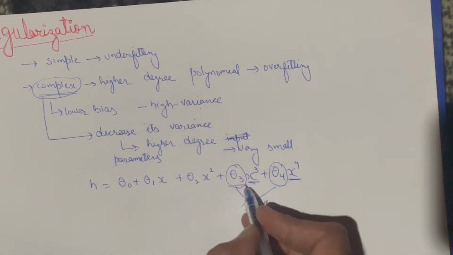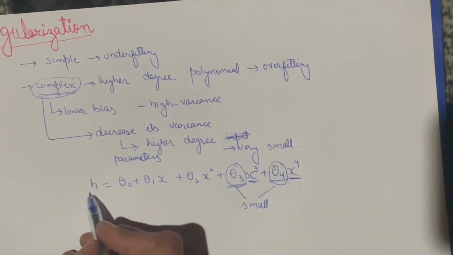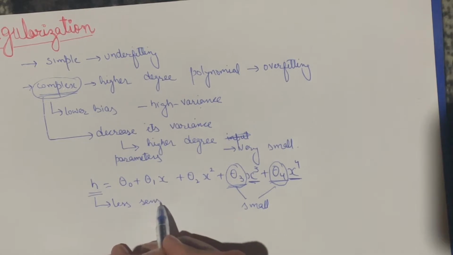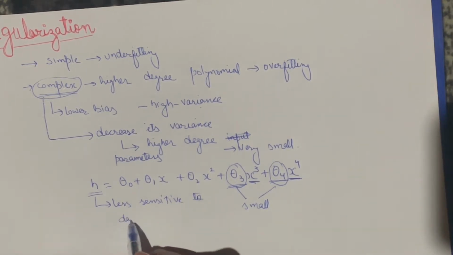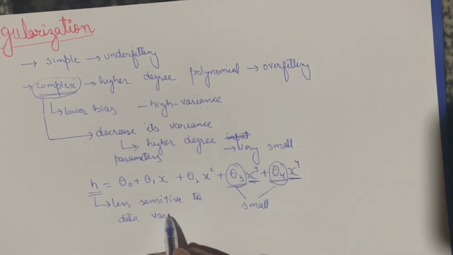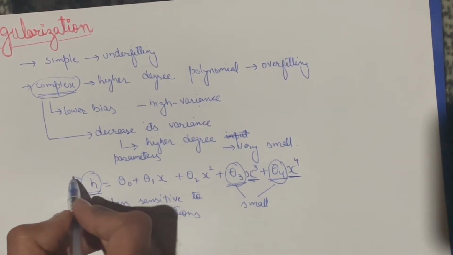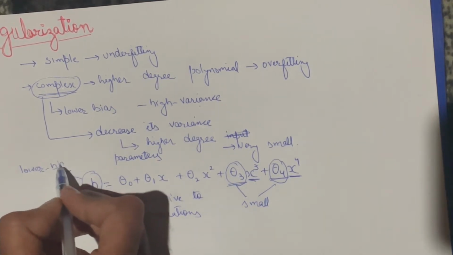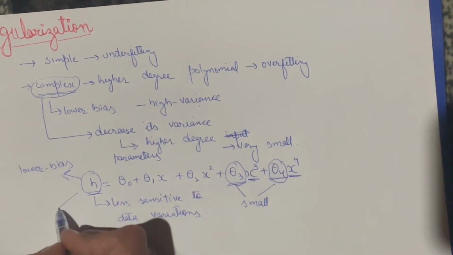By making these small, we are making this hypothesis function less sensitive to data variations. That means we had a complex model with lower bias, but its disadvantage was high variance, and we have decreased this variance.